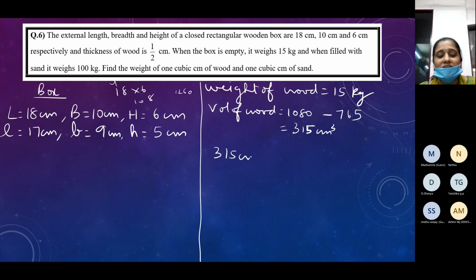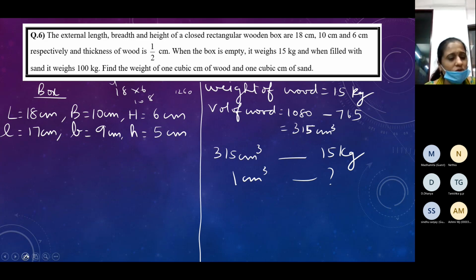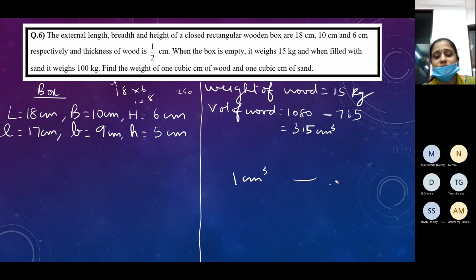300 centimeter cube is the volume for 15 kgs. Then for 315 centimeter cube of volume, the weight is 15 kgs. For 1 centimeter cube of volume, what is the weight? I'll make it easier for you. See here.